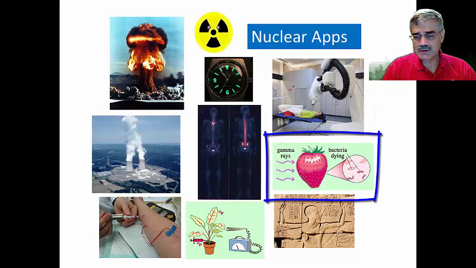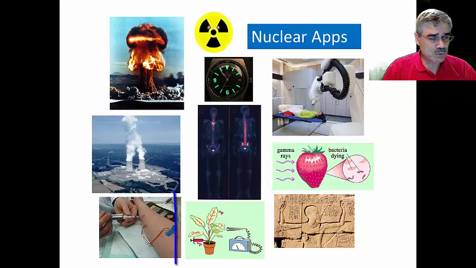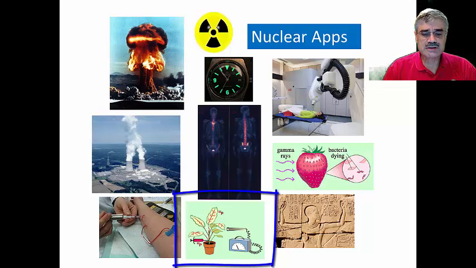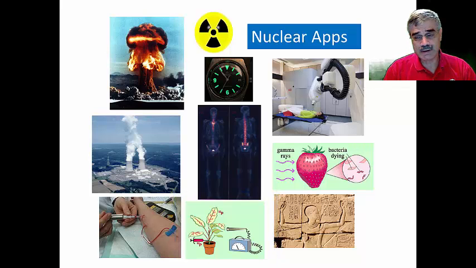Radioactivity can also be used in agricultural applications to sterilize fruit, produce. It's used quite a bit in research, and the bottom center is a drawing of how that might be done, injecting a plant or an animal with a radioactively labeled molecule to see what happens in terms of metabolism carried out by the plant or animal.